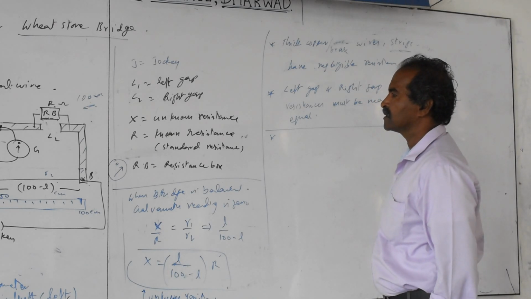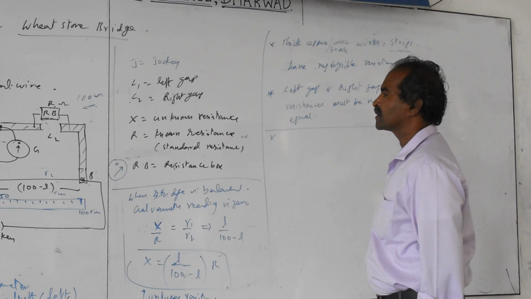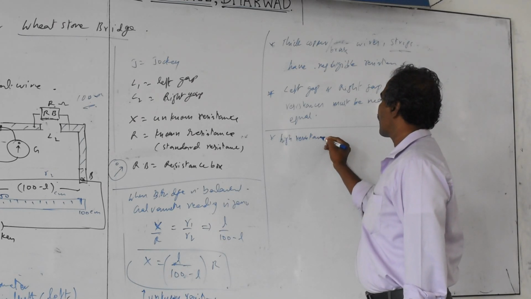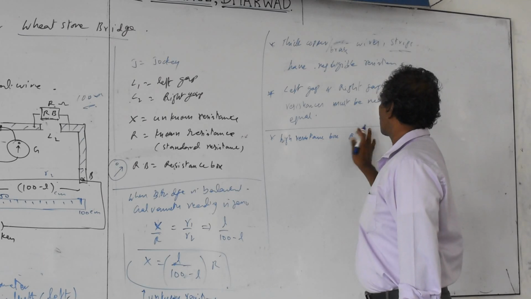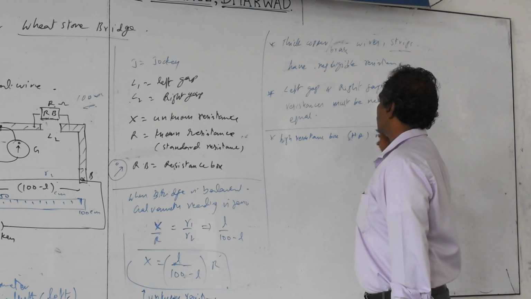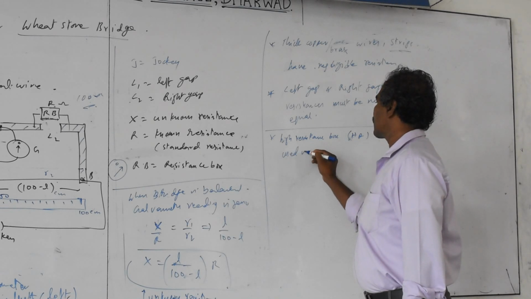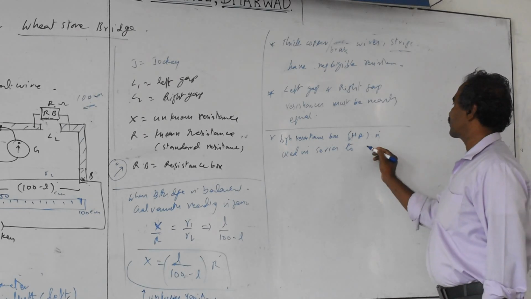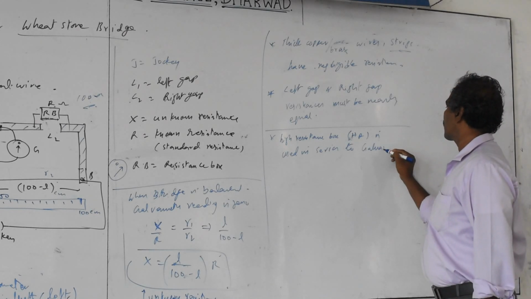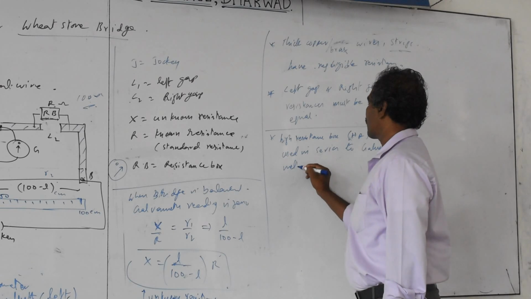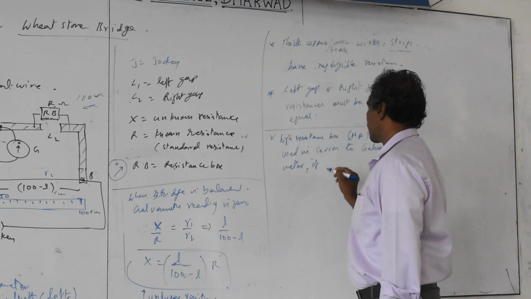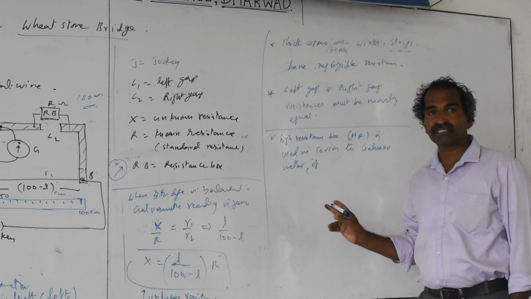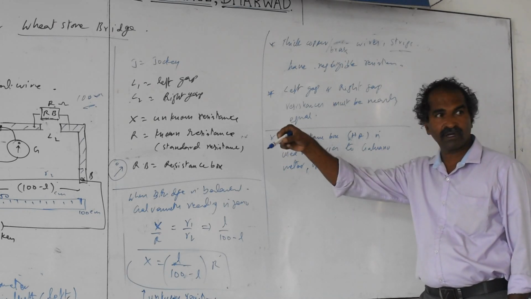Next is the high resistance box, HR. It is used in series to the galvanometer. It is not always required, but draw it. Only if the galvanometer deflection is very high, a large current passes, and the deflection is large before setting for the zero.